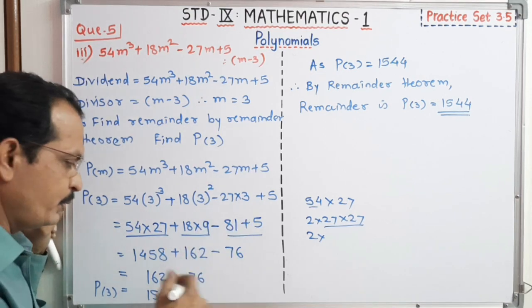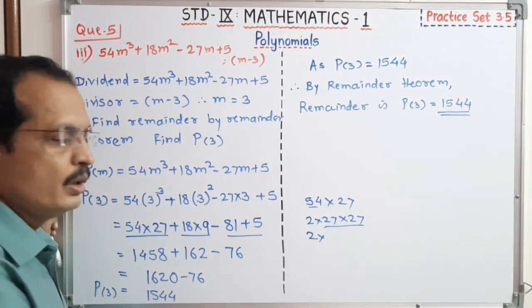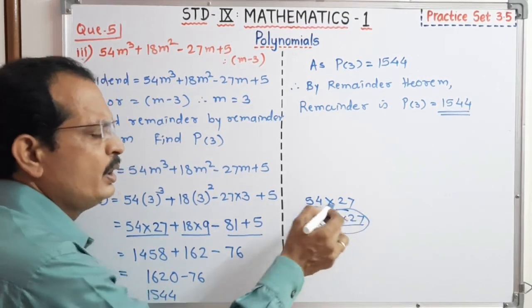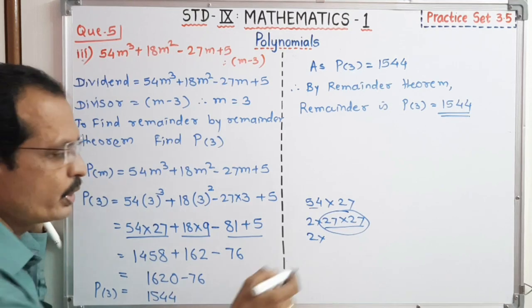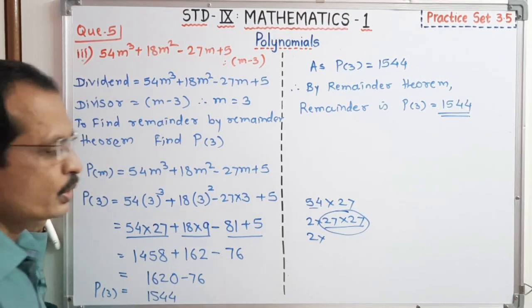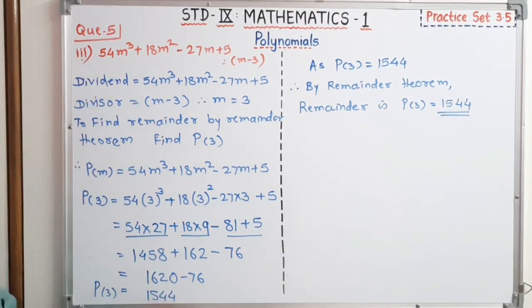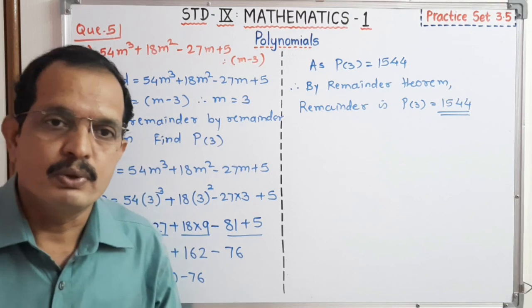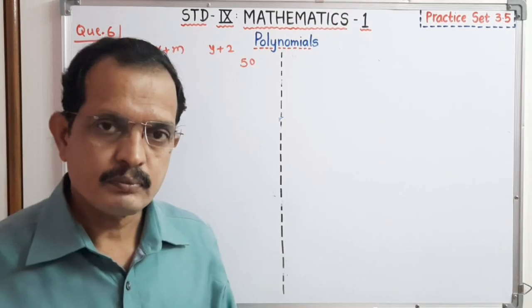You can use various methods to solve it very easily. We know the square of 27, we can write here and do the calculation. You can use your own ideas to simplify. Now we completed this question. Now we have to start with the question number 6.